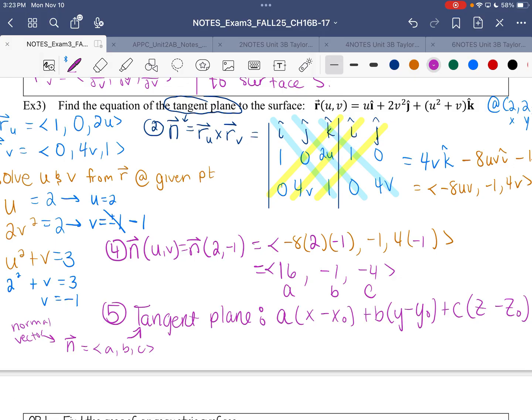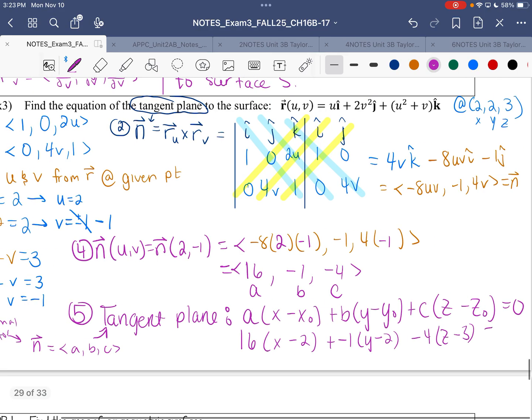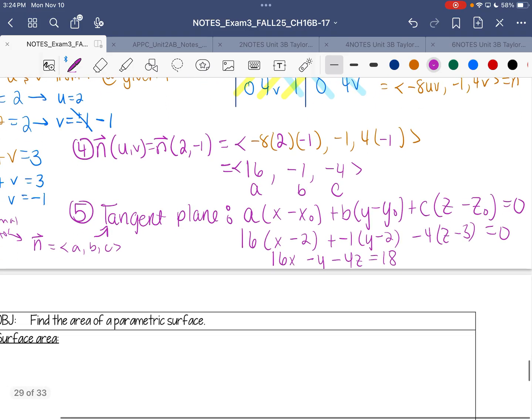What is x naught, y naught, z naught going to be? 2, 2, 3. So we got 16 times x minus 2, the given point, -1 times y minus 2, -4 times z minus 3 equals 0. If we simplify, we should get down to 16x minus y minus 4z equals 18.